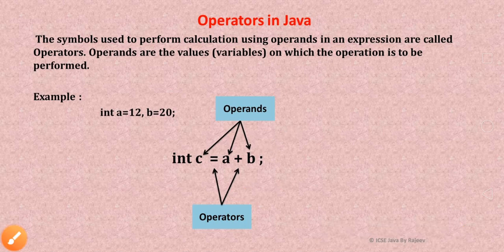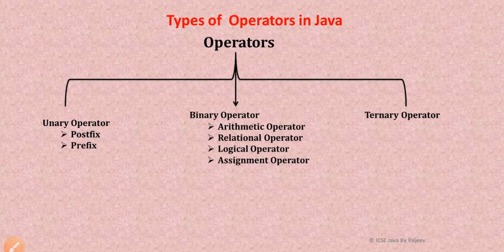So let's start with the types of operators. Operators are mainly classified into three types. First one is unary operator, which is further divided into two types: postfix unary operator and prefix unary operator.